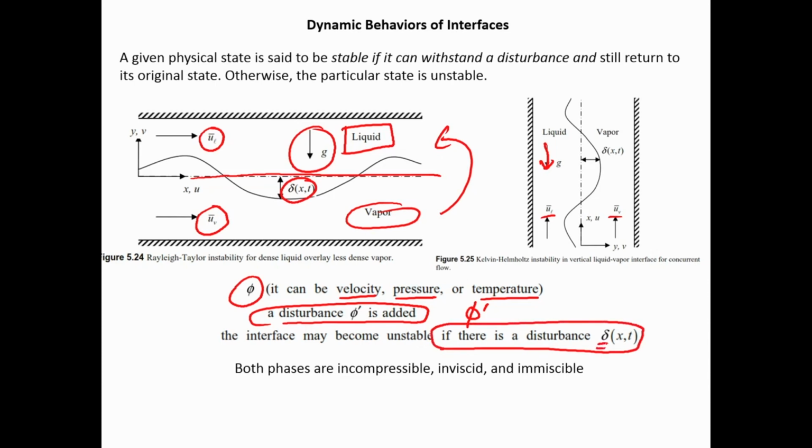Both phases we are assuming are incompressible and inviscid, so that we get rid of all those viscous stress terms, and immiscible, that means they do not mix with each other. That means there is no diffusion of one species into another. You can think about it in this particular way.